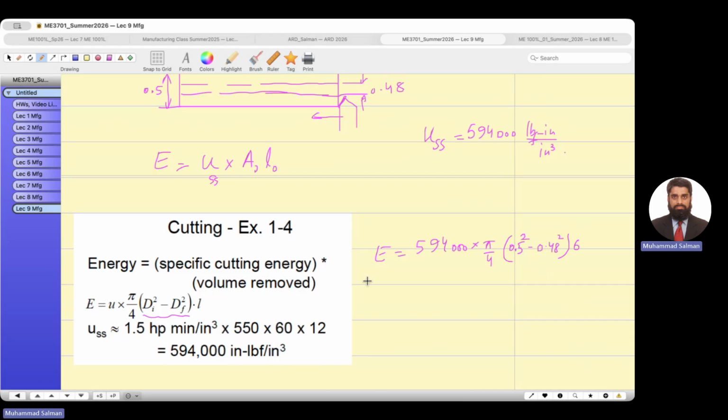If you do the math here, you should get 554,650 pound force inch. And how do you go from here to Newton meter, which is joules: 6,176 joules?